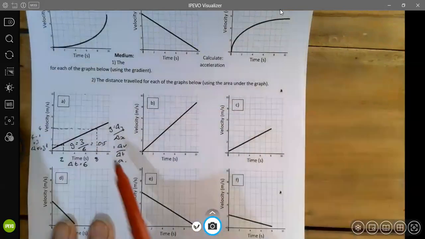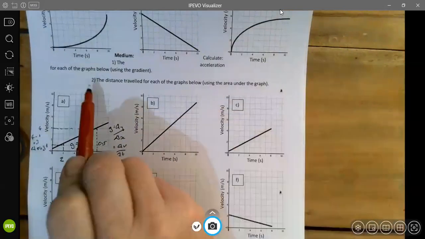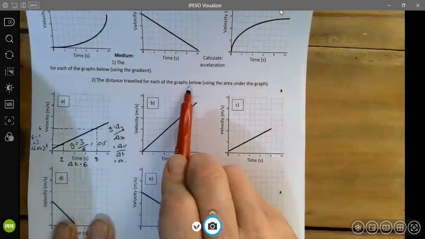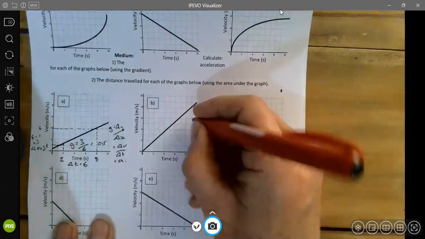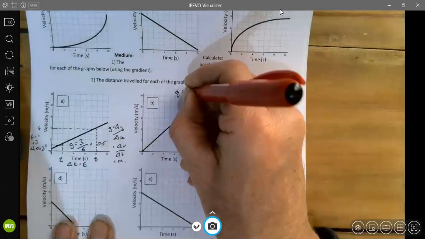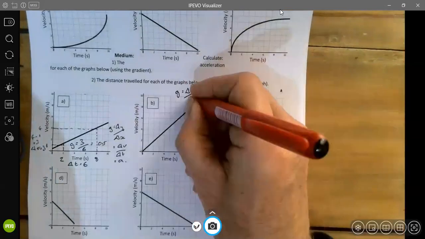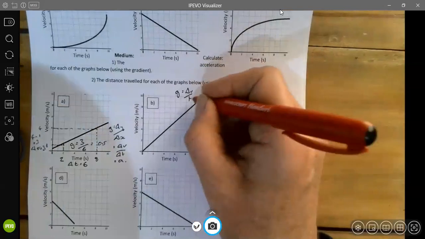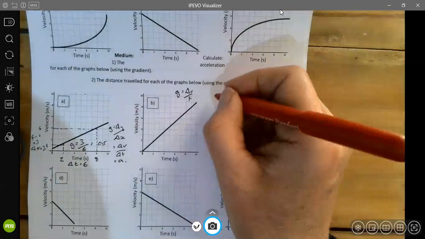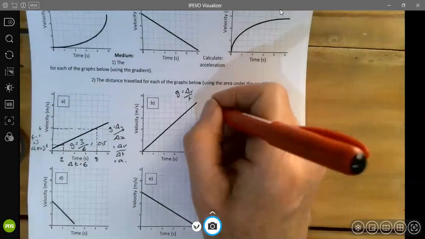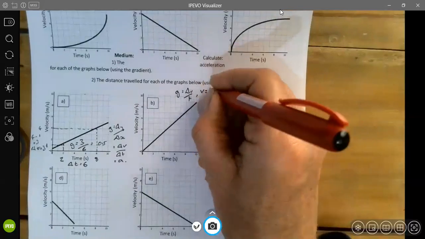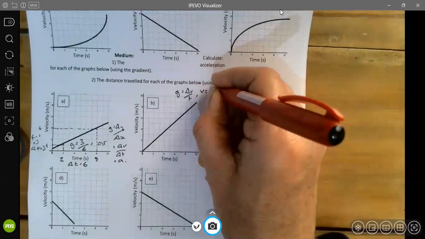Now, I'm not going to calculate the gradient of this one because it also asks us to calculate the distance travelled. Now, if the gradient is equal to the change in velocity over the change in time, and I rearrange this, we can see that velocity is equal to displacement s over time.